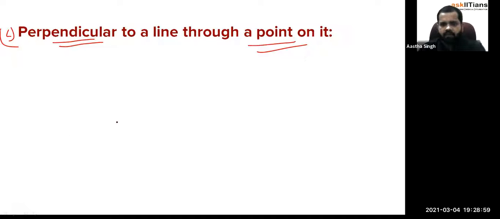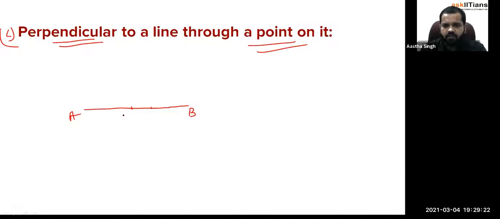On it means that you will be given a line, suppose AB line, and you have to draw a perpendicular to a line through a point on it.